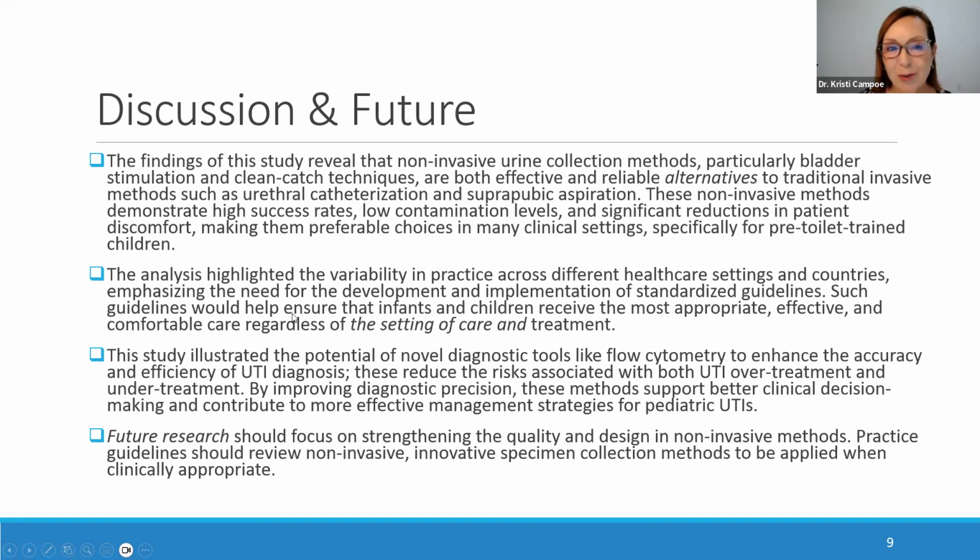The findings of this study reveal that non-invasive urine collection methods, particularly bladder stimulation and clean catch techniques, are both effective and reliable alternatives to traditional invasive methods such as catheterization and suprapubic aspiration. These non-invasive methods demonstrate high success, low contamination levels, and a significant reduction in patient discomfort, making them preferable in many settings.